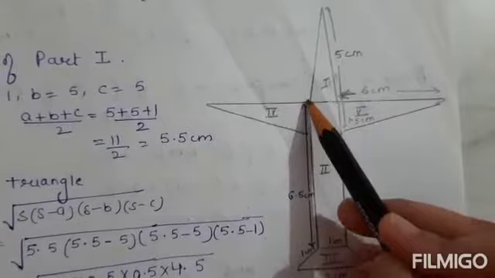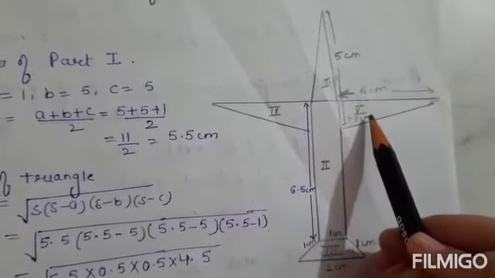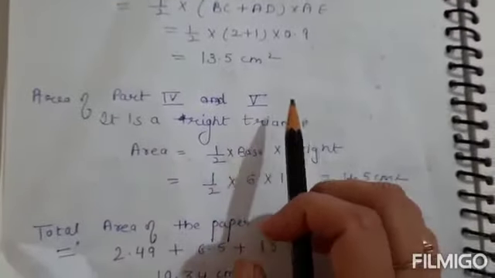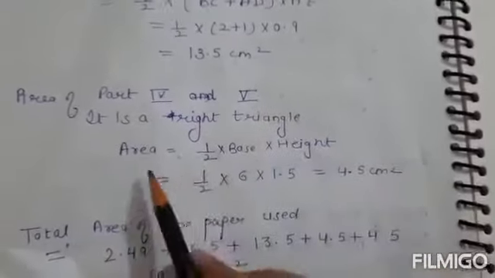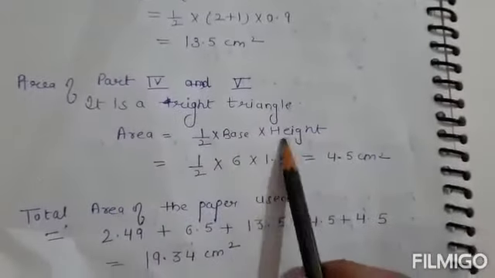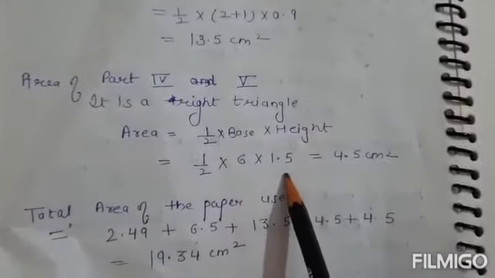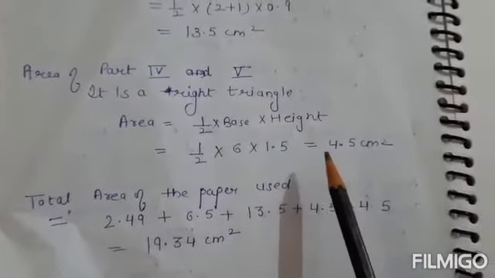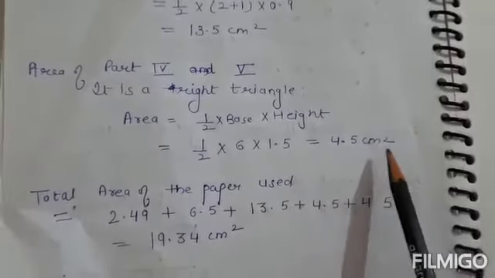Similarly, it is also equal to 1.5 and this is 6. So the area is half base into height. Whether you evaluate the area of part 4 or part 5, both are going to have equal area. Since it is a right triangle, the area will be half base into height. If I take base 6, then height will be 1.5. So that means the area of each region is 4.5 centimeter square.